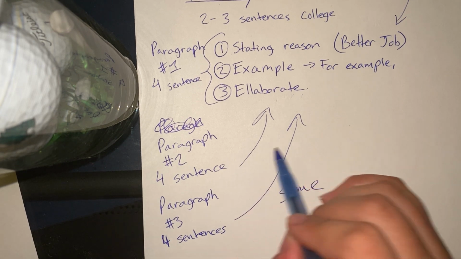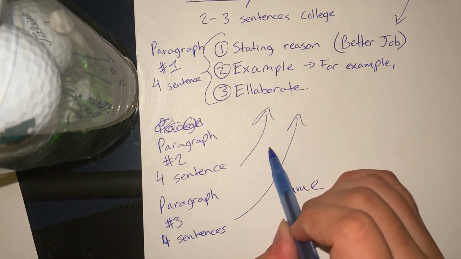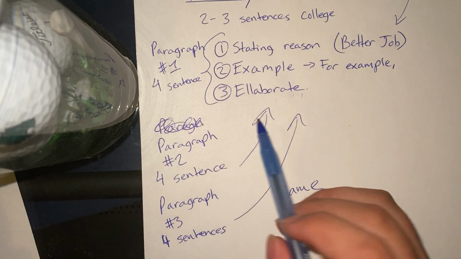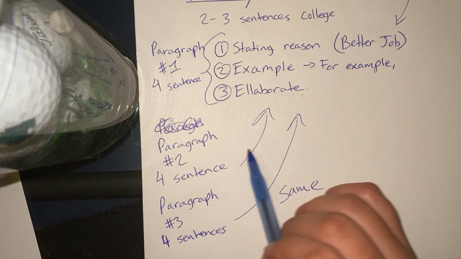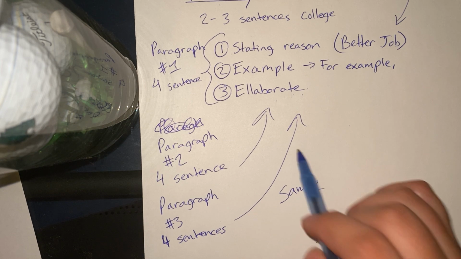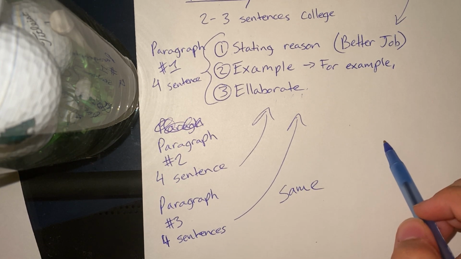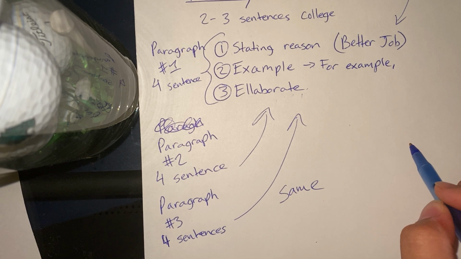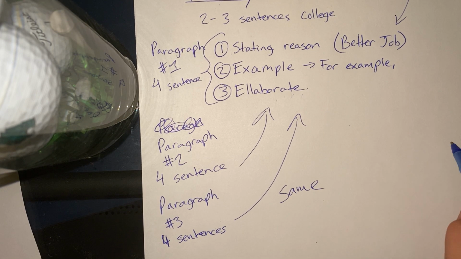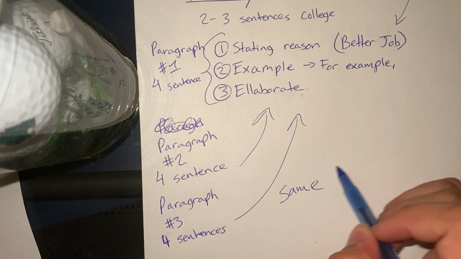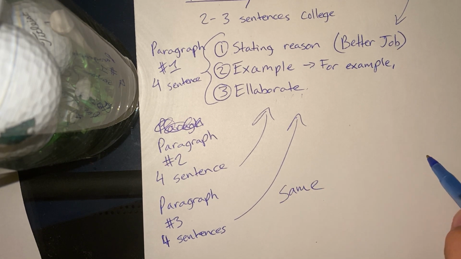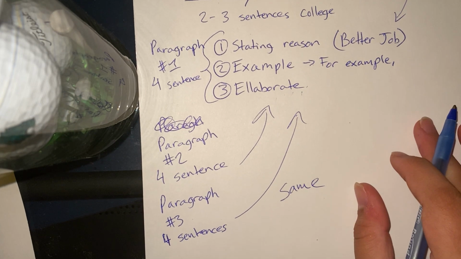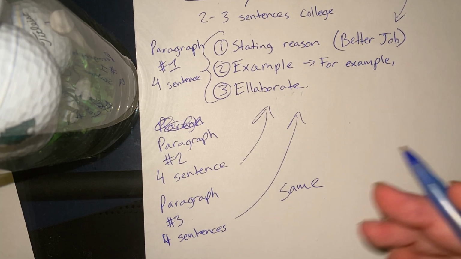For example, or for instance, whatever transition word you want to use, having a college degree can land you a better job, creating more opportunities and allowing for higher pay than just entry-level jobs, right? Period. And that's the example, right?